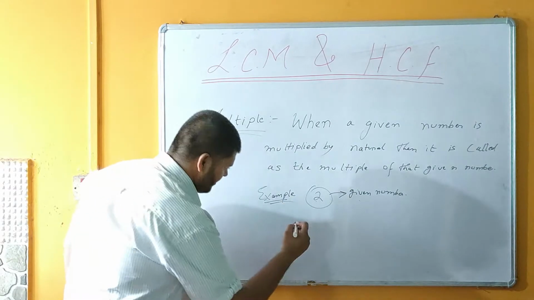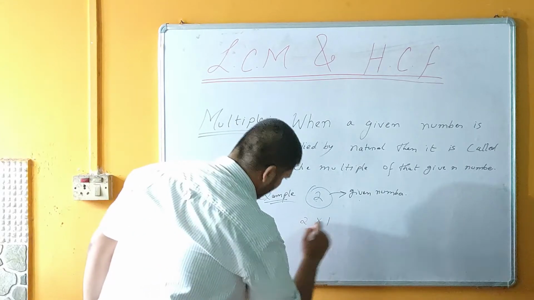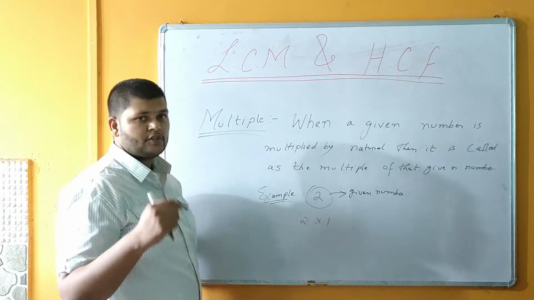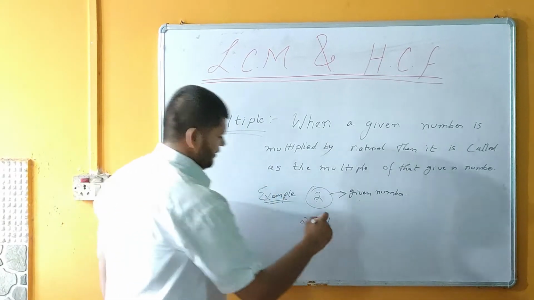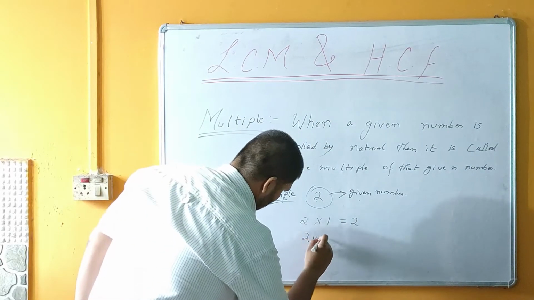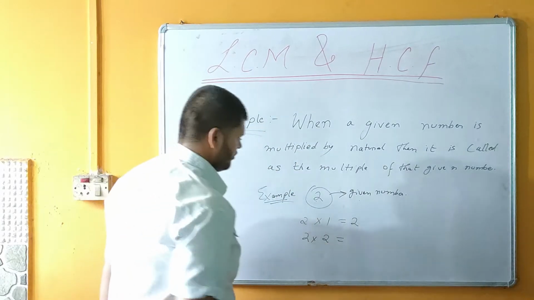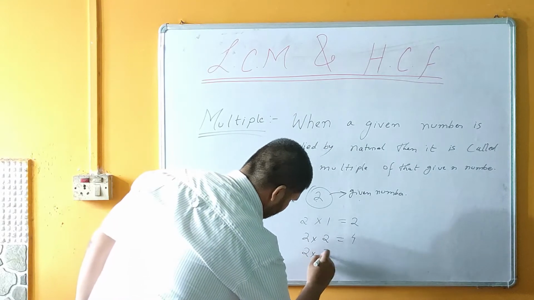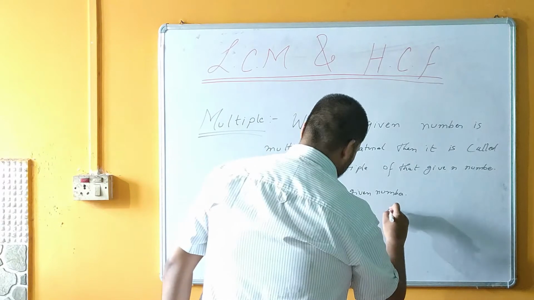So 2 multiplied by the natural number 1. We already know that natural numbers start from 1. So 2 times 1 gives 2. Again, 2 times 2 gives 4. Again, 2 times 3 gives 6.